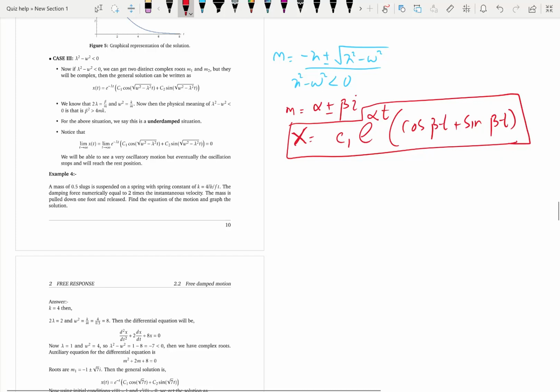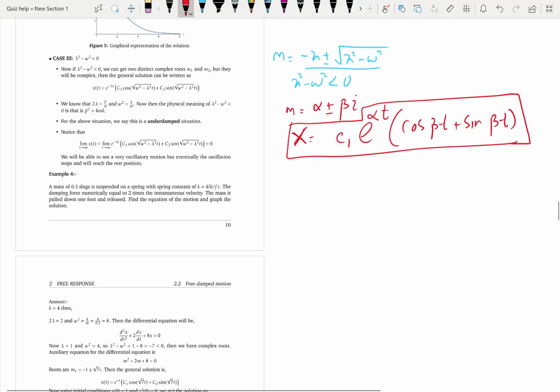Now, my question for you is, what do you expect from the behavior of the motion? In the previous motions, the overdamped and critically damped motions, the solutions were only exponential functions, exponential decay. So in the motion, you didn't have oscillatory behavior, because oscillatory behavior is coming from what?